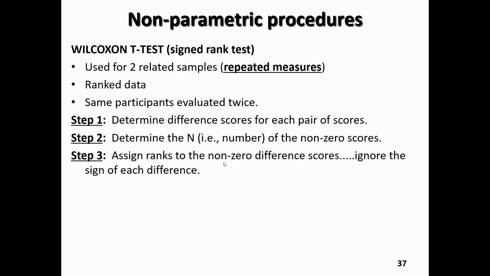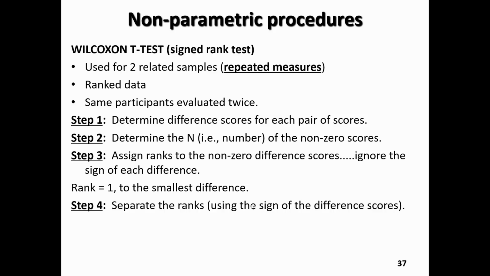And in assigning the rank ordering of the magnitude of the scores, the sign of the difference, whether it's positive or negative, is ignored. And so the difference that is given a ranking of 1 is actually the smallest magnitude difference between the two sets of the original raw data.